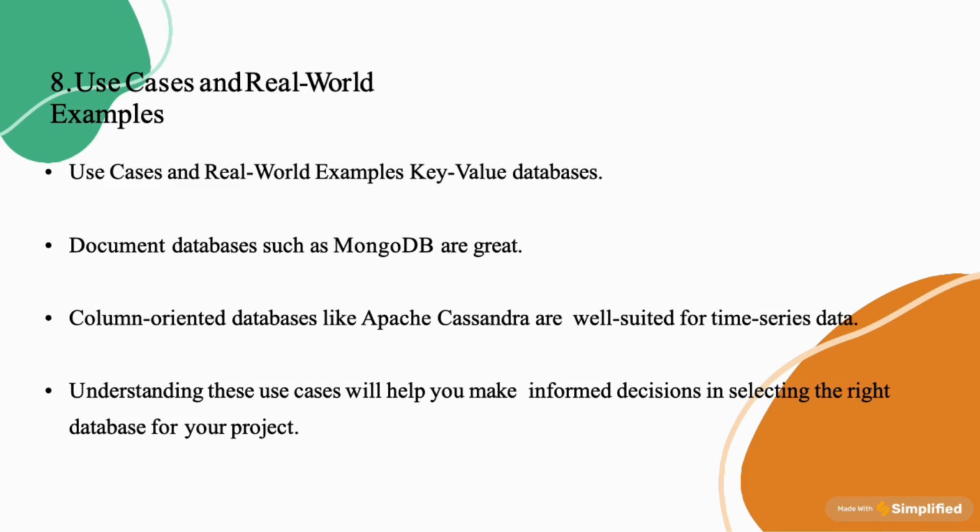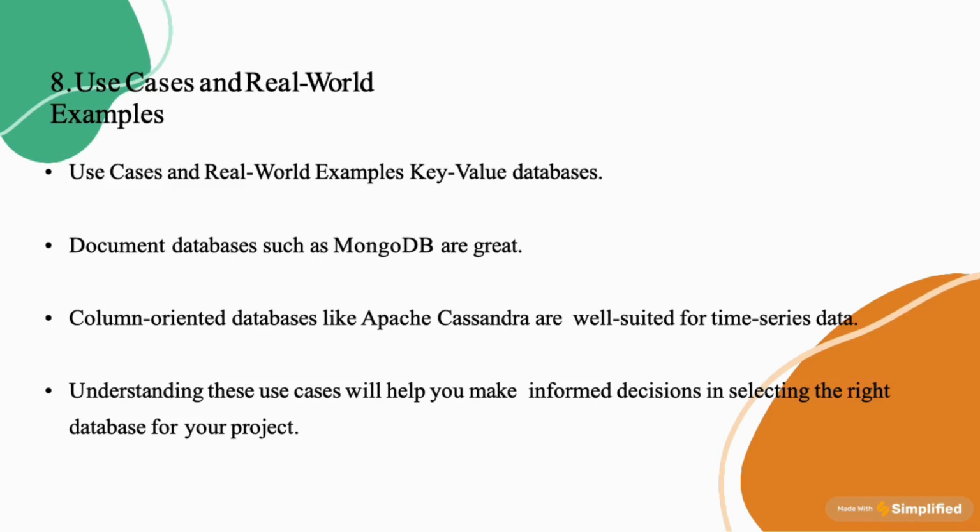On moving towards the second last slide of our assignment, here the use cases and real-world examples are shown. Key-value databases like Redis are ideal for caching, session management, and real-time analysis.